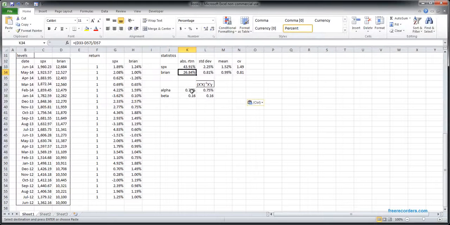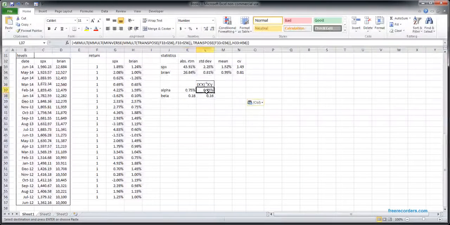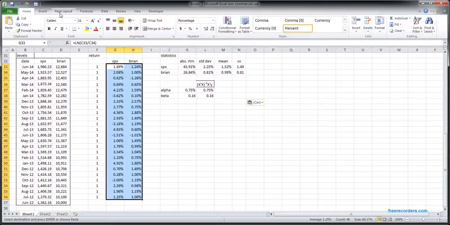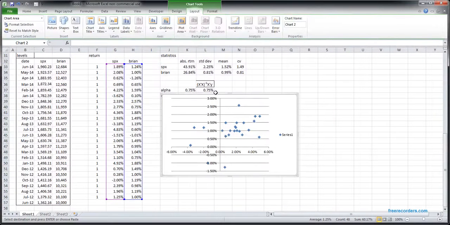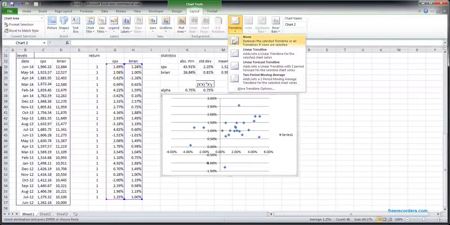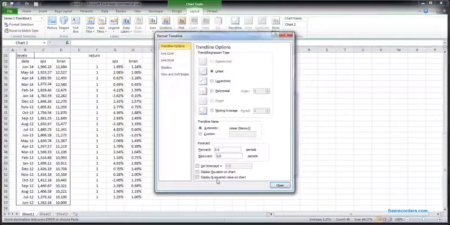And then we calculated the alpha, which is positive, and we calculated the beta, and we did that using two different methods. This using the Excel function intercept and the Excel function slope, and then over here we used matrix algebra, kind of the long academic way of doing it. So then we can look at a scatter chart, insert scatter just with dots, and then if you remember, I like to go into this trend line menu down here to more options and tell it to display the equation on the chart.